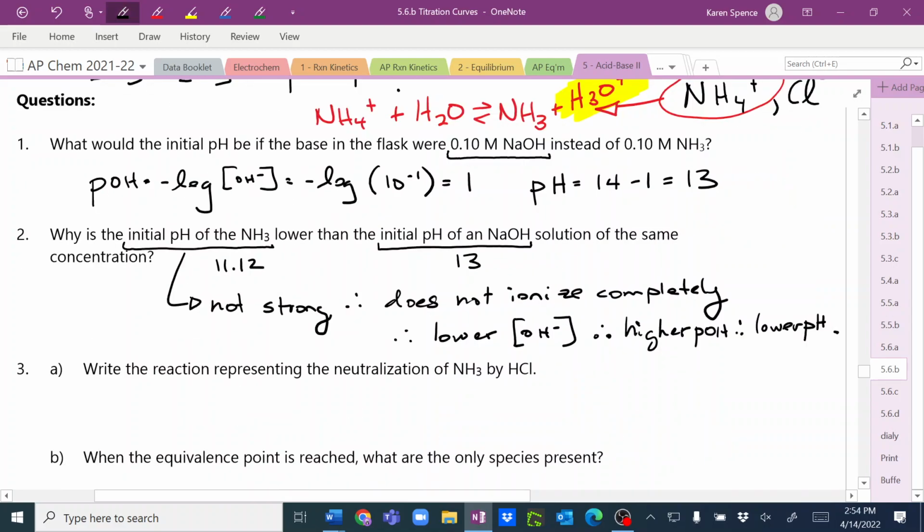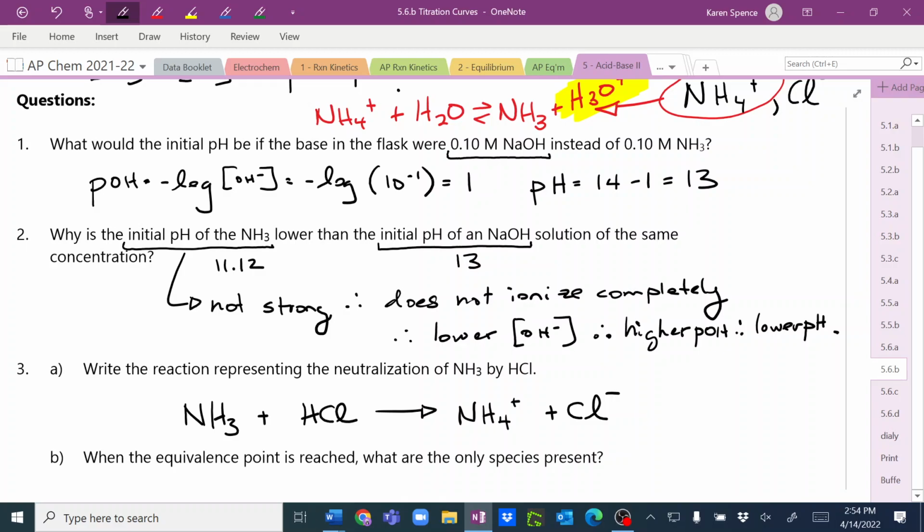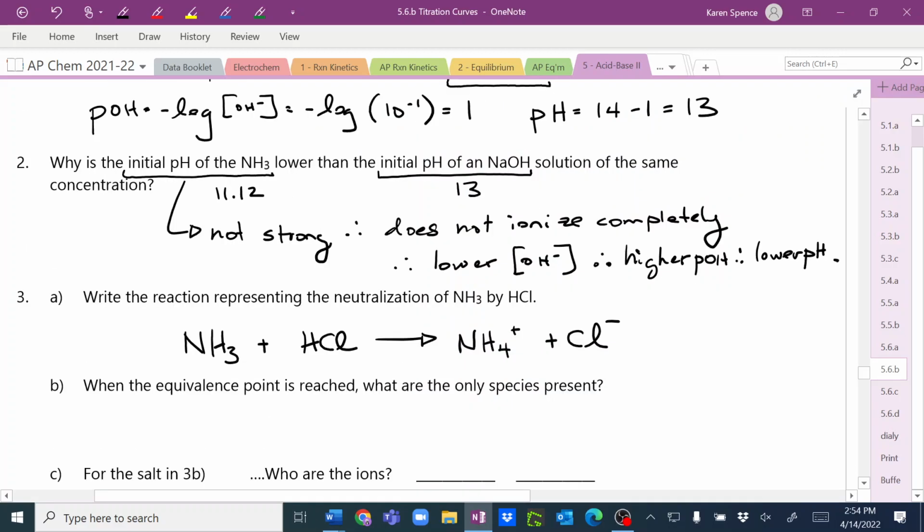We already wrote this. NH3 plus HCl. These ones always look a little bit weird, but as long as you remember that they are just Bronsted-Lowry reactions, then it's not so bad. When the equivalence point is reached, what are the only species present? What are the only species present at the equivalence point?